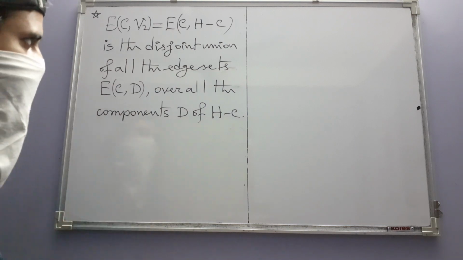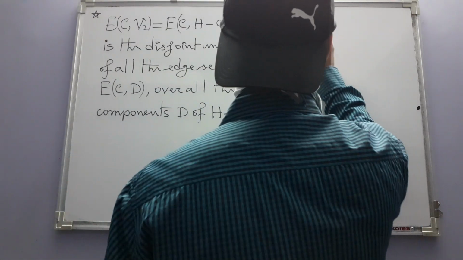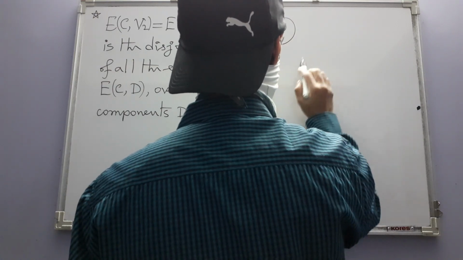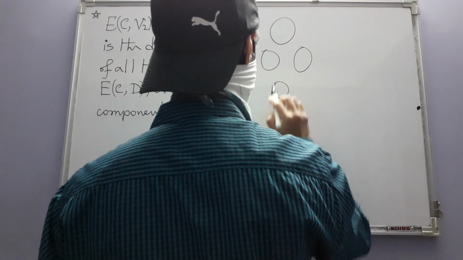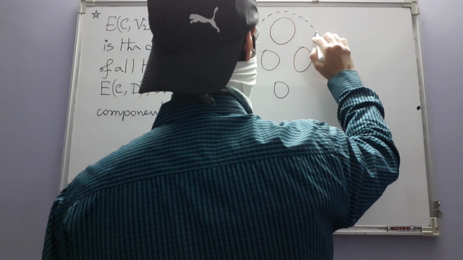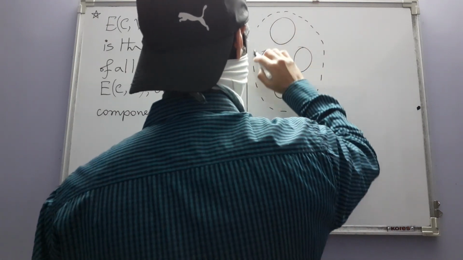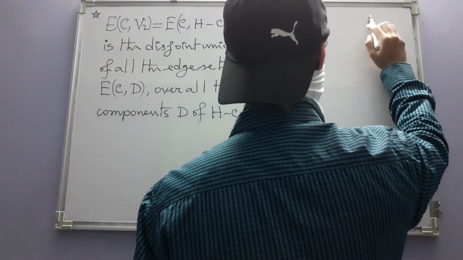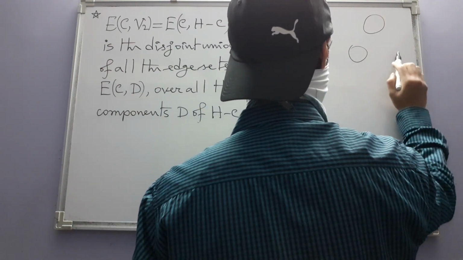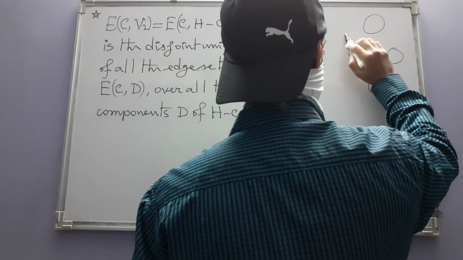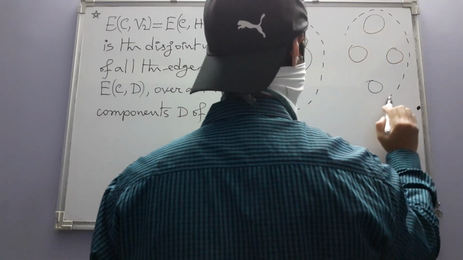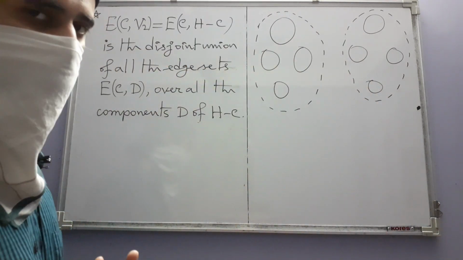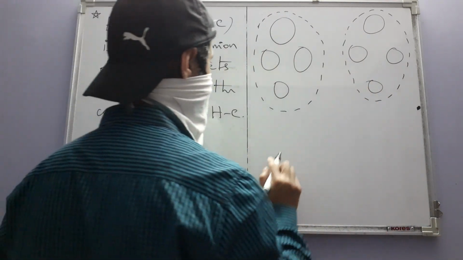I should write on this side, and let me draw it here. This of course does not mean that each side has 4 components. I am just simply showing 4.